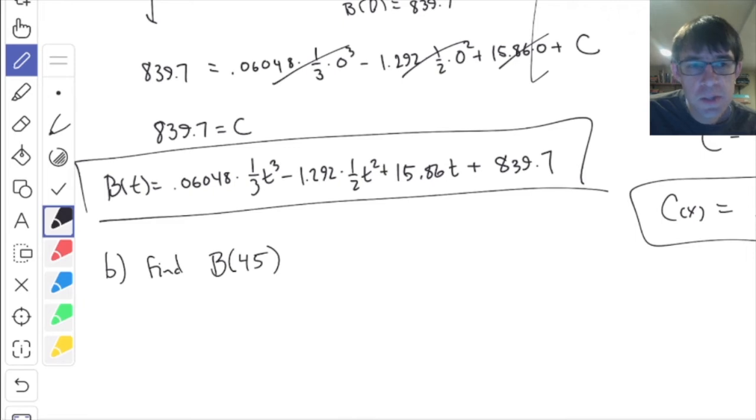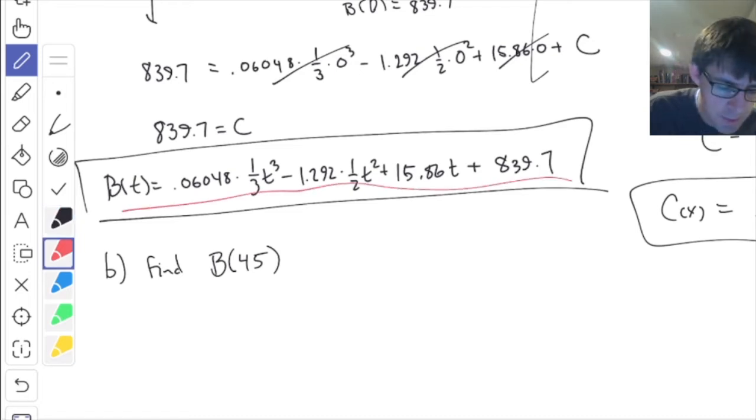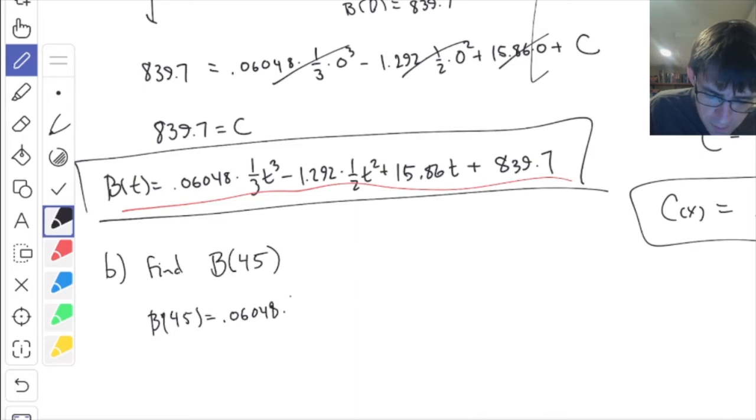How many degrees is just B of 45, and this step involves no integrals or derivatives or anything. You just use the formula that we just found in the previous step here, B of T, right? I use that, but using T equals 45. So B of 45 is 0.06048 times 1/3 t cubed minus 1.29.